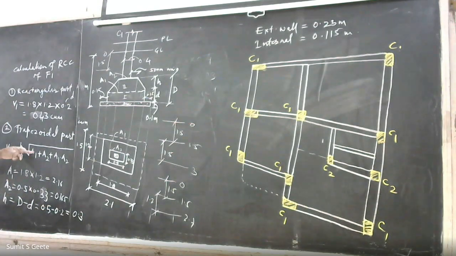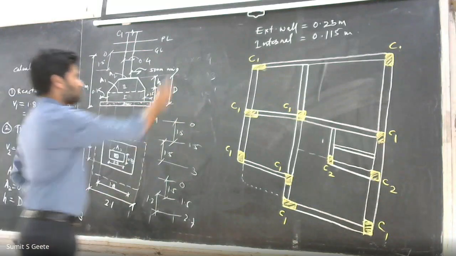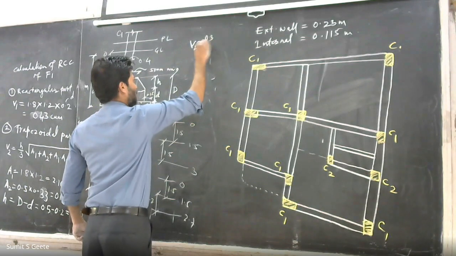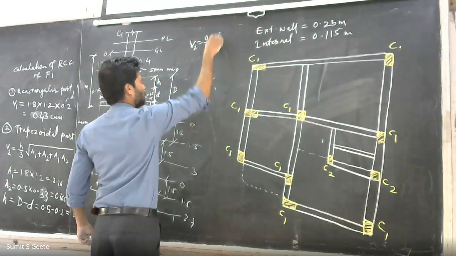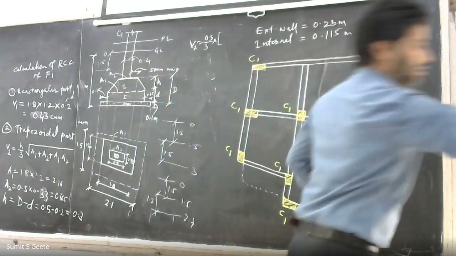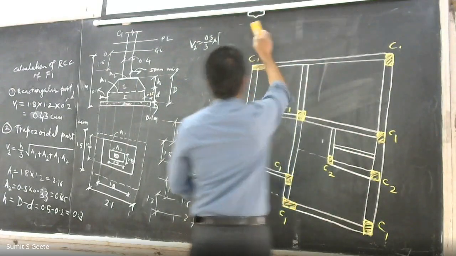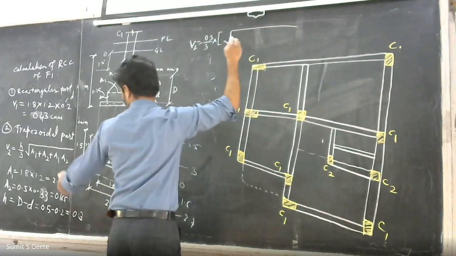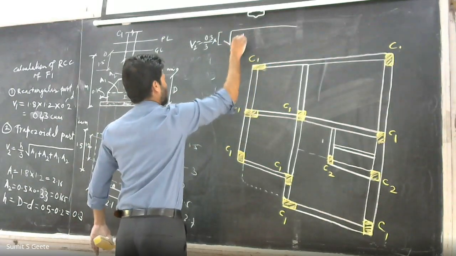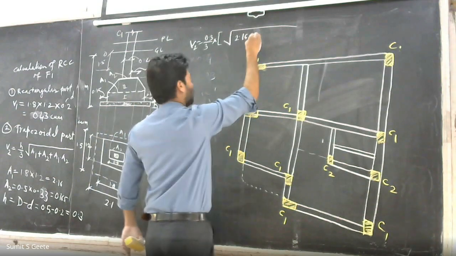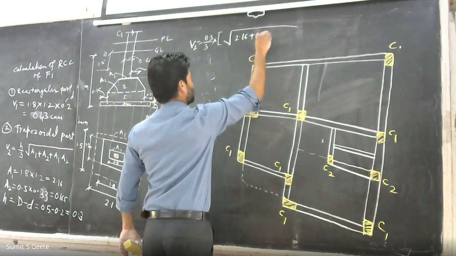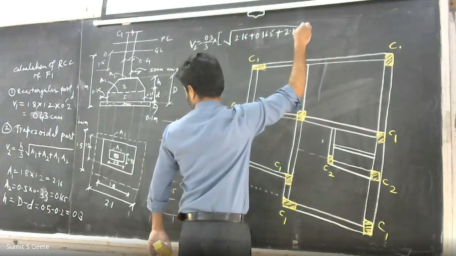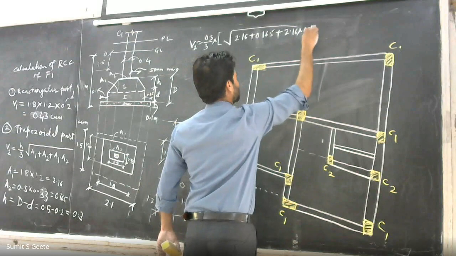So put this value in this equation. So V2 is equals to 0.3 by 3 into under root of 2.16 plus 0.165 plus 2.16 into 0.165.